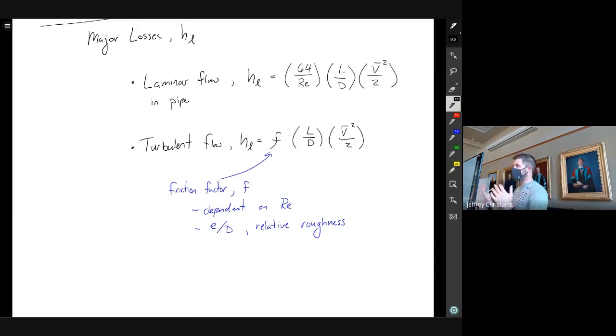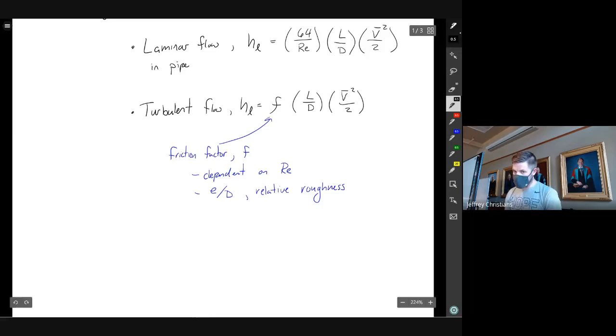One of the challenges of these problems is that Reynolds number depends on velocity, but velocity is going to depend on how much friction there is. So a lot of these things we're going to have to solve iteratively. And we'll see that in a second when we do an example problem.